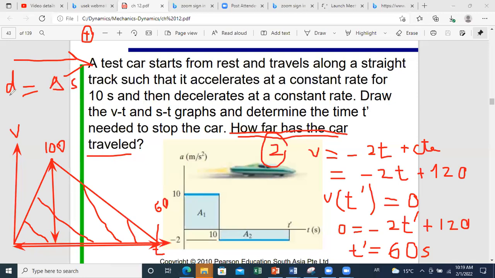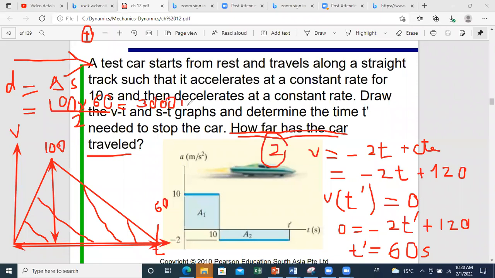So the distance traveled will be equal to delta s, will be equal to the area under the graph, which is 100 times 60 over 2, which is 3000. So you see how it's fast here. If you want to use the analytical method, it will take more time to solve for the total distance. So the total distance is 3000 meters.